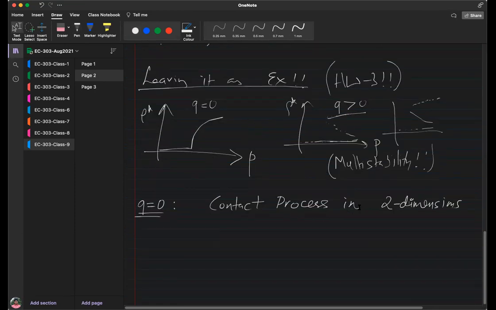It's a very simple birth-death process. It was originally conceived in the context of spread of diseases in space, and there P was the probability of infection.